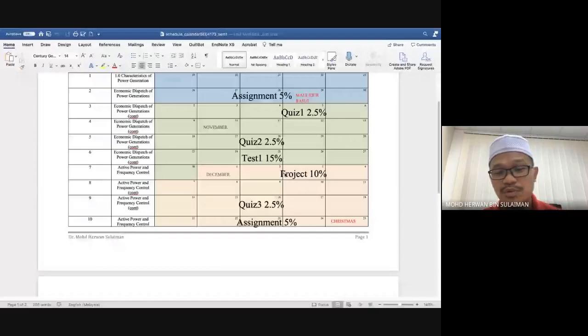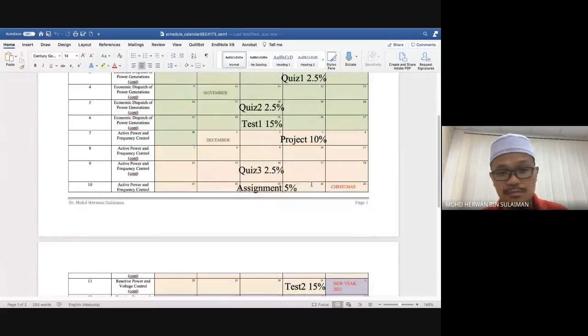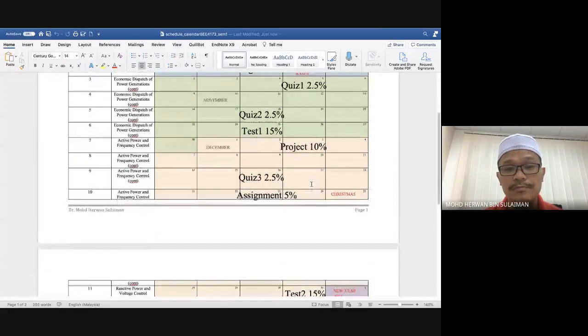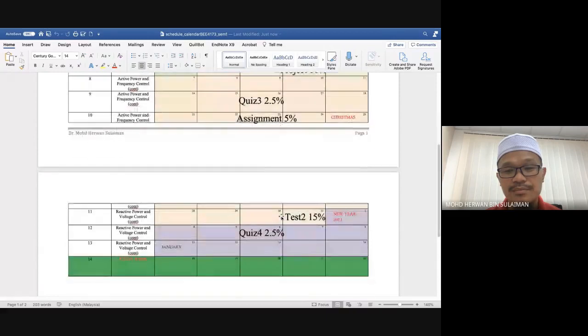Tak apa, next week saya bagi projek. Okay? Projek 10%. So, quiz awal, projek bawah. So, projek here. And then we have test 2 here. Berapa? 31. Sempat.